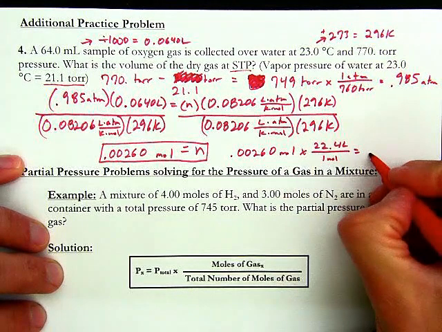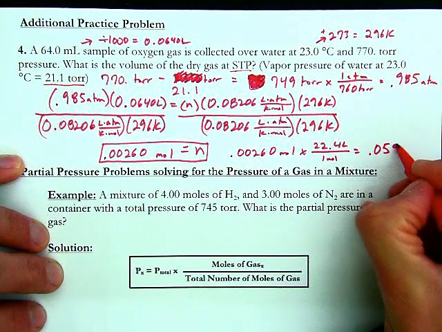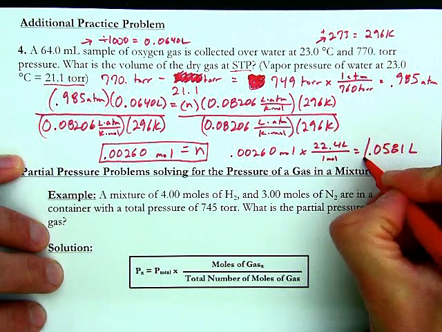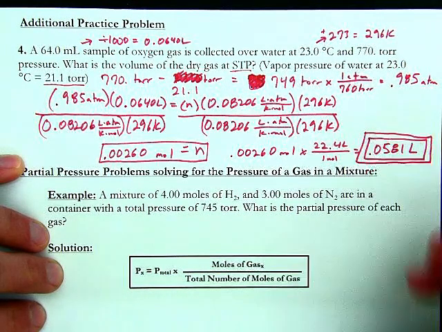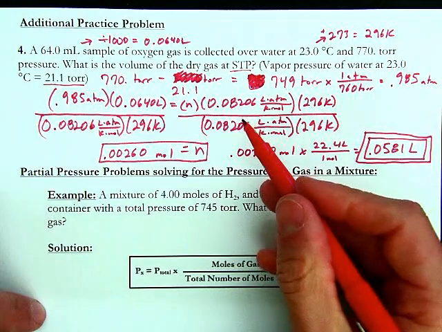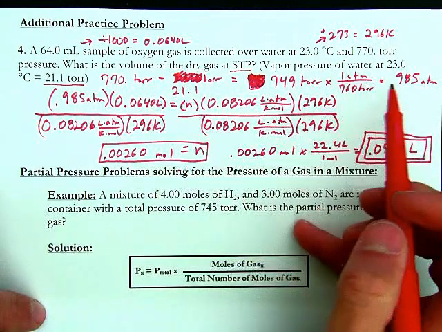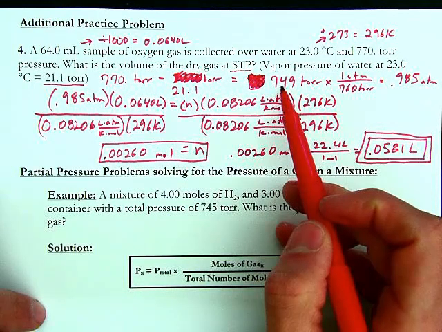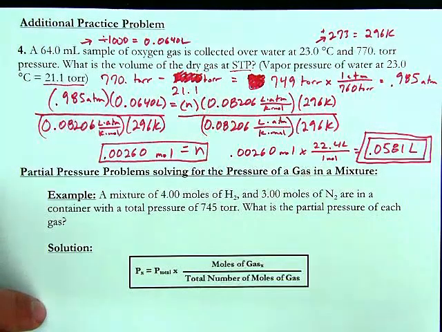We get 0.0581 liters. That is your final answer. So this is basically like an ideal gas law problem, but you have to do some conversions and you have to subtract the partial pressure from the total pressure to get the pressure of the dry gas. Okay, that's the gas without the water.